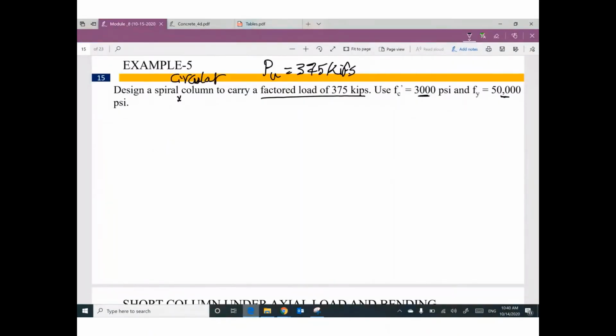Okay, so phi Pn equals, I have to write the equation first: 0.85 phi times 0.85 F prime c times (area gross minus area steel) plus F yield times area steel.